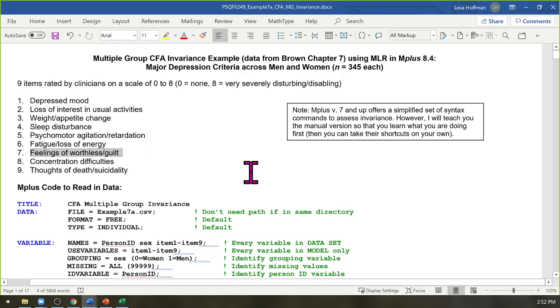So women are more likely to feel more worthless or guilty at the same latent level of depression. So there's something about that item that is resulting in group differences above and beyond their level of depression. This item shows non-invariance or differential item functioning.